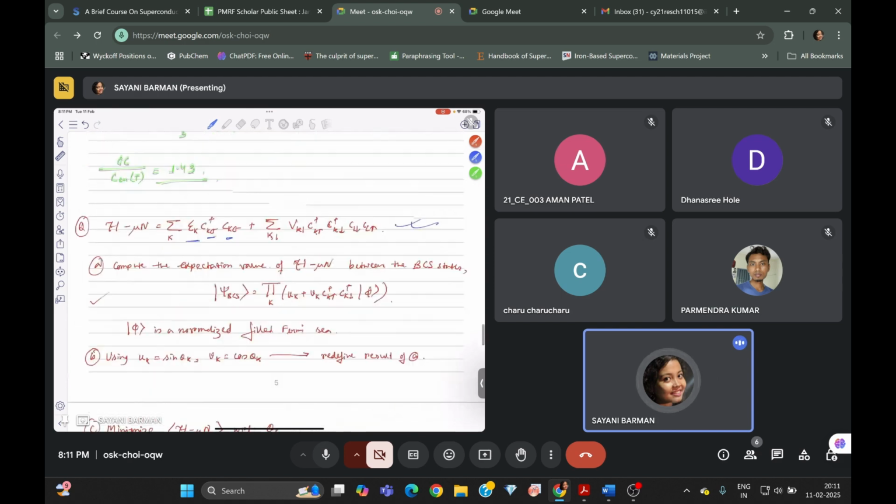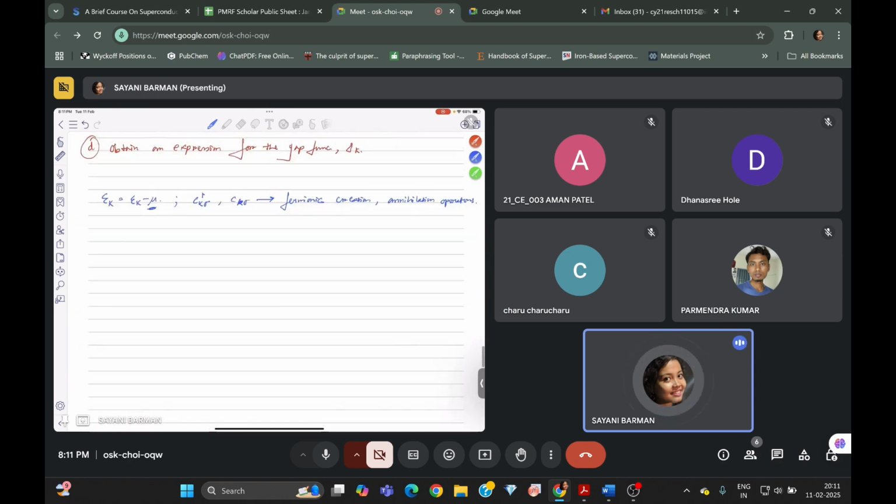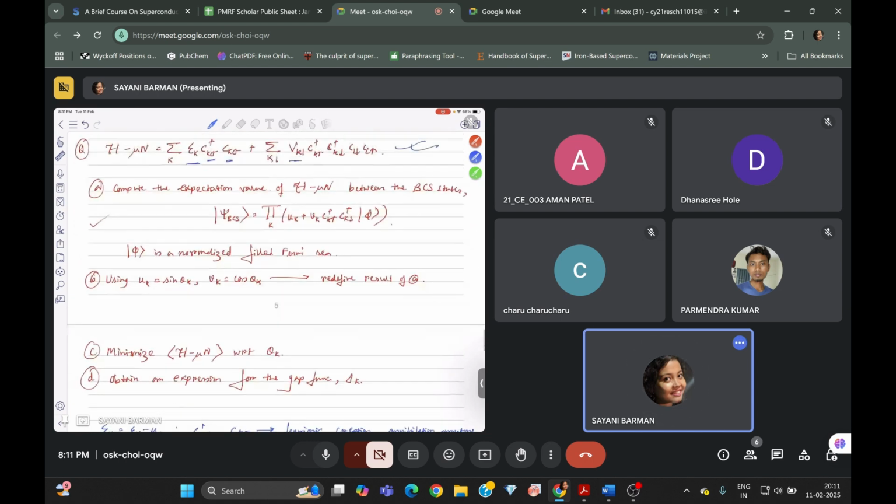The V term is also given, right? V_k. So this is the interaction potential between electrons. Now the BCS state wave function is also given, right?